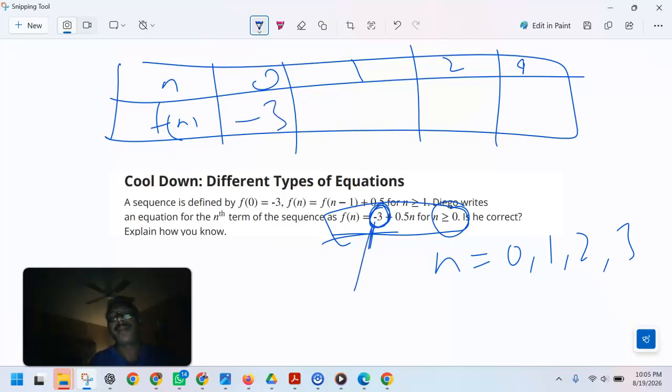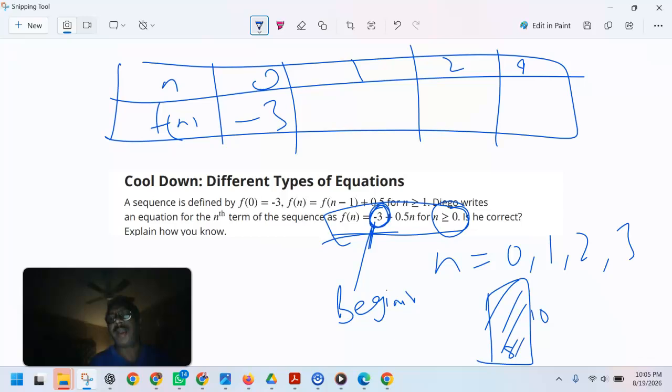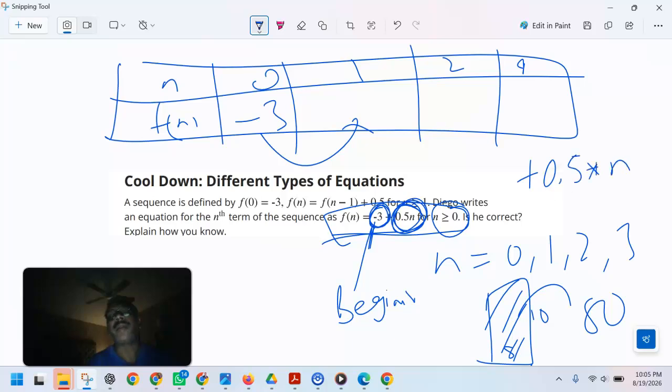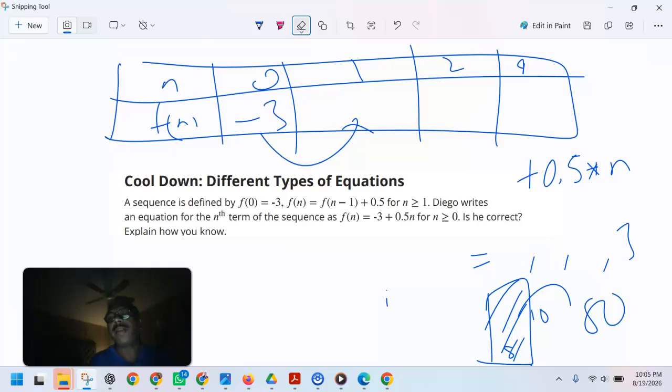This is the beginning. It's like in the earlier problem we had 8 by 10, and it was area of 80, something like that. And then you go on. So this is how it looks difficult. It means you're adding 0.5 times n. Now, what does that n mean? How many times are you going to do this?